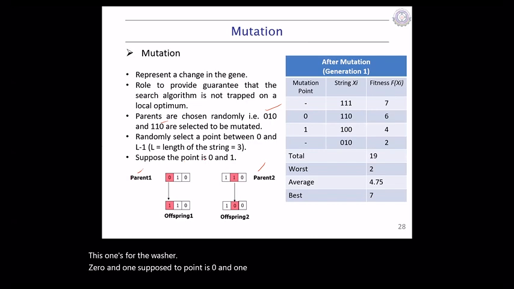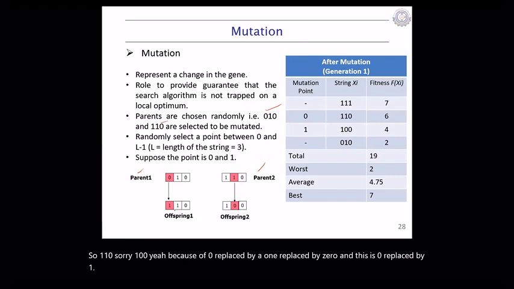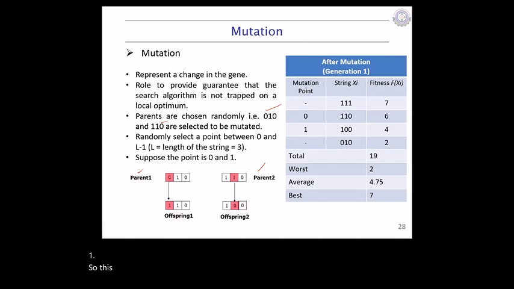The offspring 1, 1, 0 becomes 1, 0, 0, because 1 is replaced by 0, and this 0 is replaced by 1. So this is number 1, and then number 2.